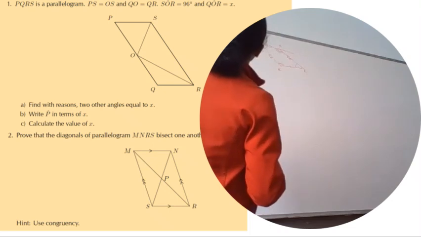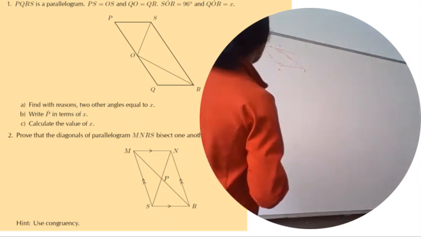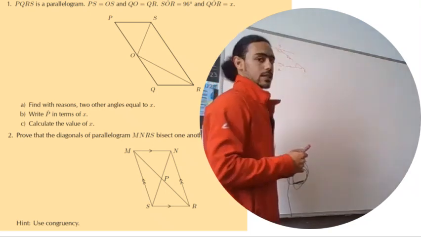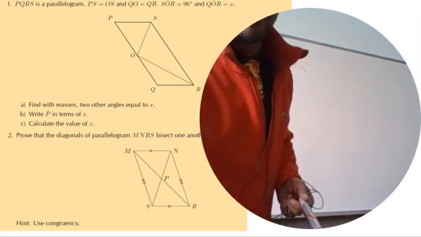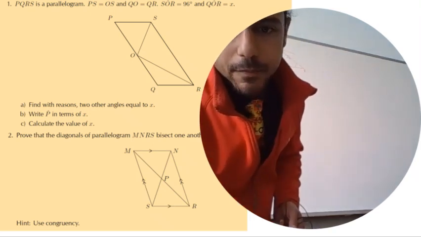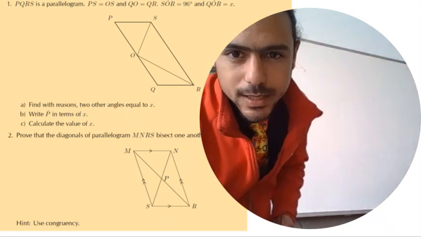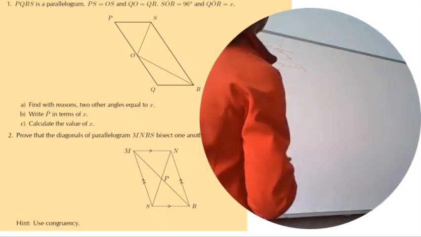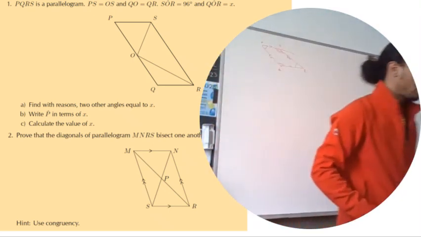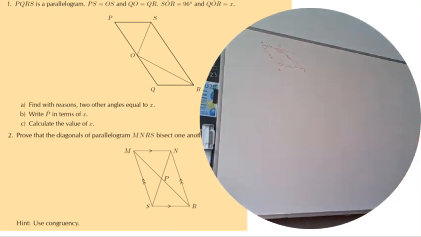Now, they ask us to write P in terms of X. So there, we can write in our answer that angle P. Remember last time we wrote in which angles are equal to X. That was the previous question, and we got angle QRO is equal to X. If you haven't put that onto your sketch already, put it in there now.